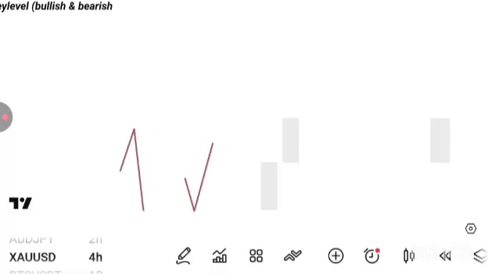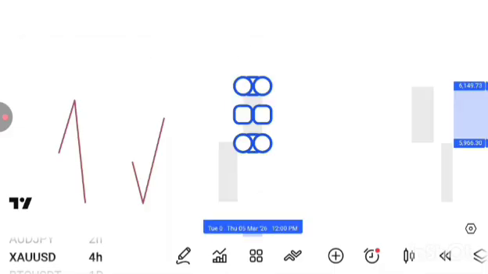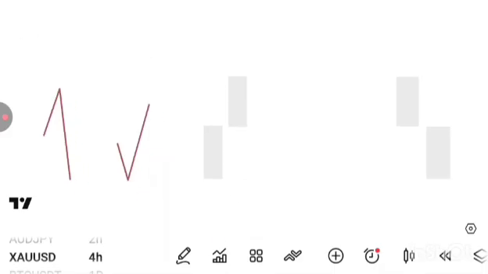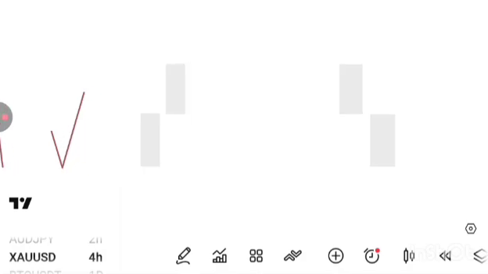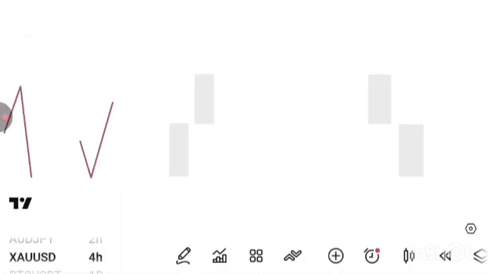This first one here is the bullish open-close key level, while the second one is the bearish open-close key level.